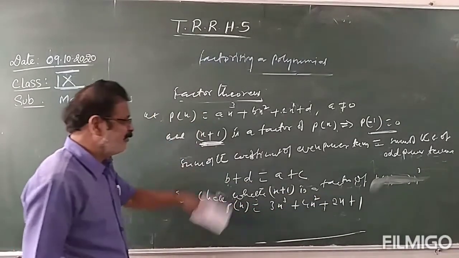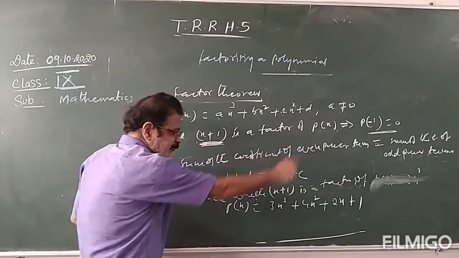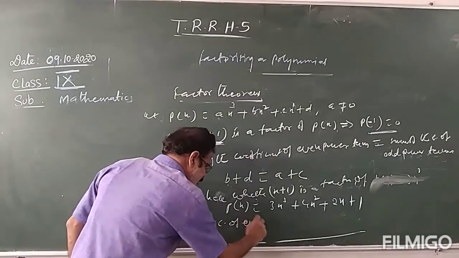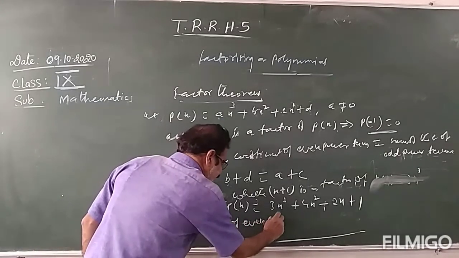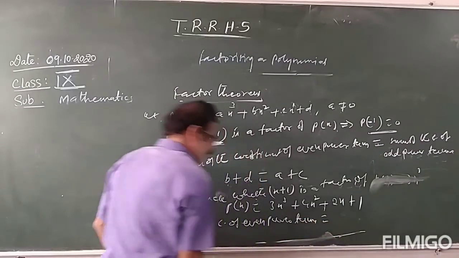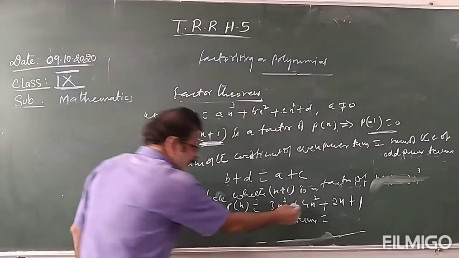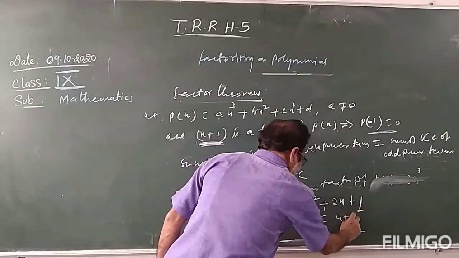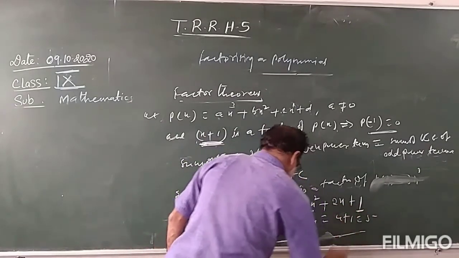So when x plus 1 is a factor, the sum of the coefficients of even power terms. Even power terms means x square is an even power, and the constant is even. 4 plus 1 equals 5.